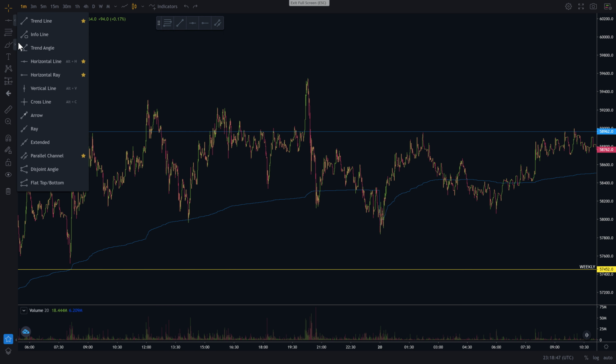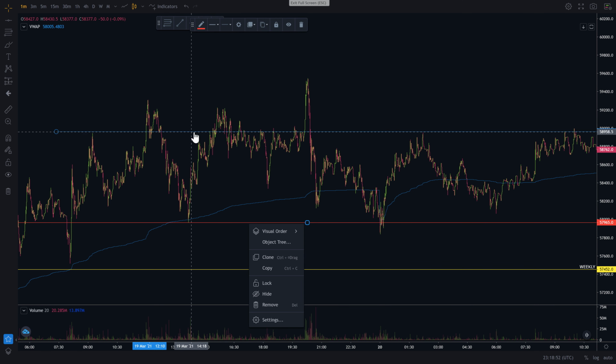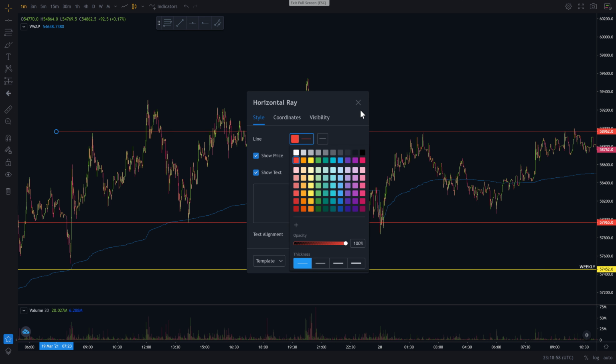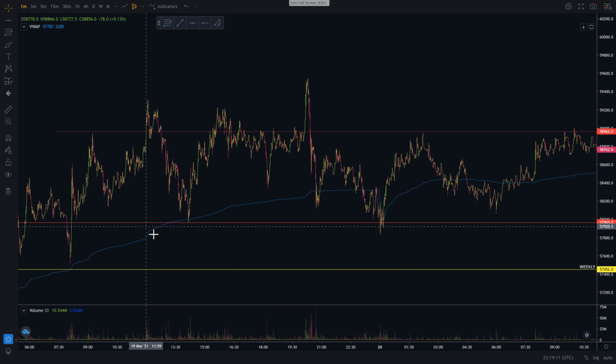Okay, so Bitcoin, this was the range of the Bitcoin. It's not exact, but when you have a range, you are trying to buy the lows. So for example, here and here we didn't touch it here, but it was close, so yeah. And you can sell the tops here.